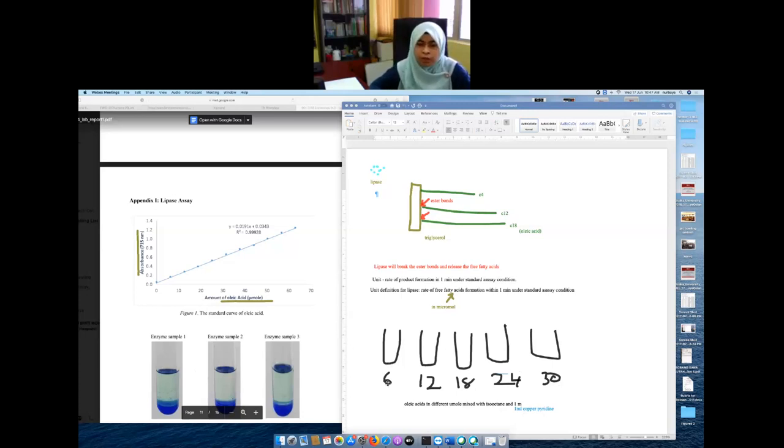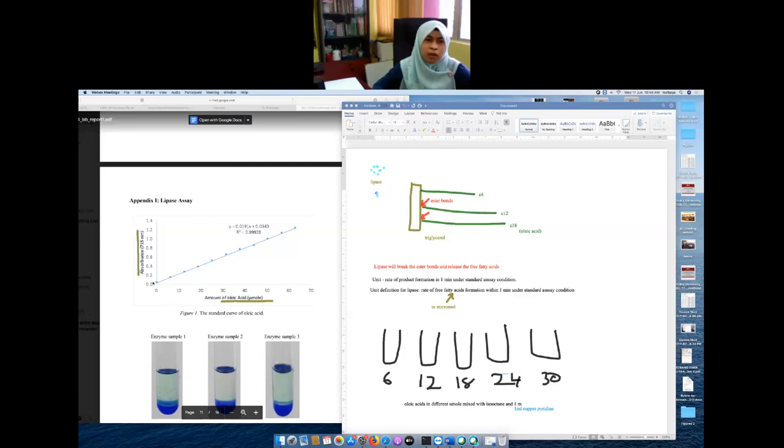When you have less oleic acid, of course the absorbance will be lower. When you increase up to 66, you can see the absorbance is higher, up to 1.3 or something. That's the way we prepare the standard.